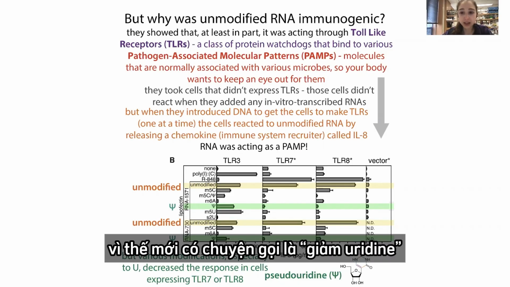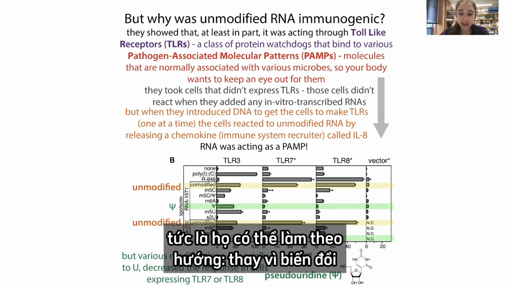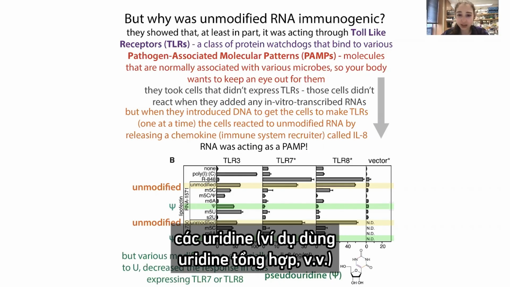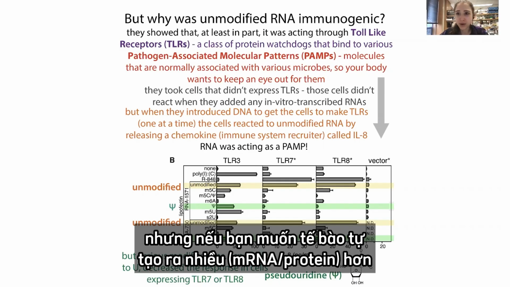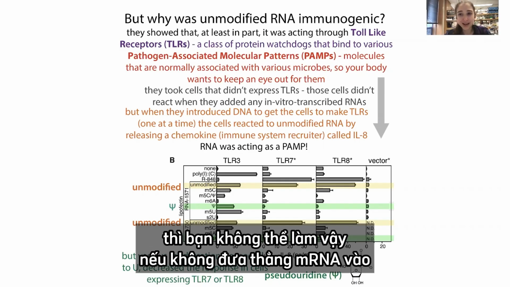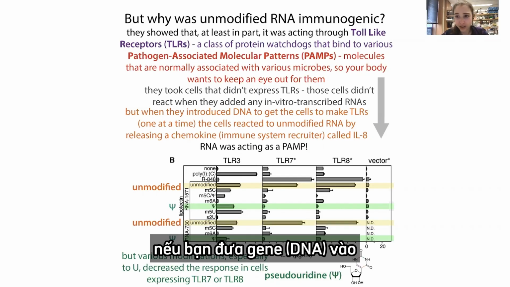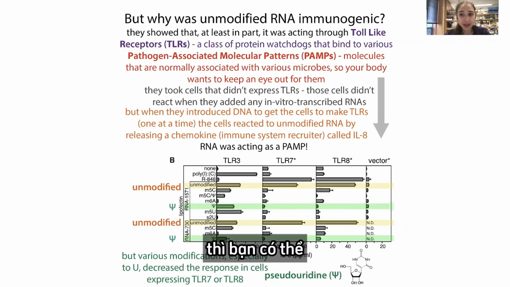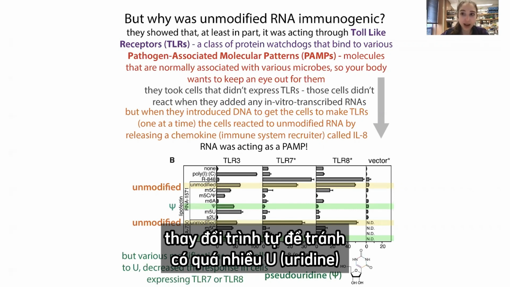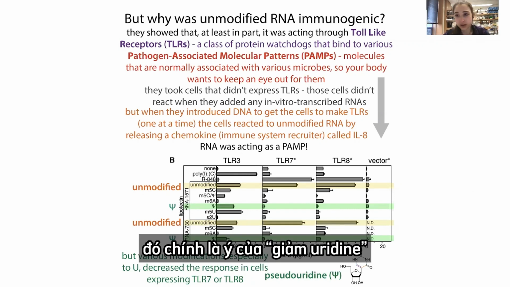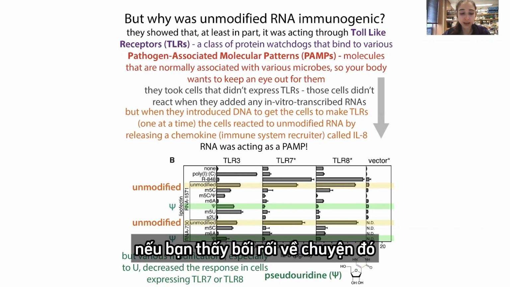That's what the whole uridine depletion thing is. Instead of modifying the uridines, which they can do with synthetic uridines, if you want the cells to make more of it, you can't really just do that if you're putting in the gene rather than the mRNA. But you can change the sequence to avoid having a bunch of U's. So that's the whole uridine depletion thing, if you get confused about that.